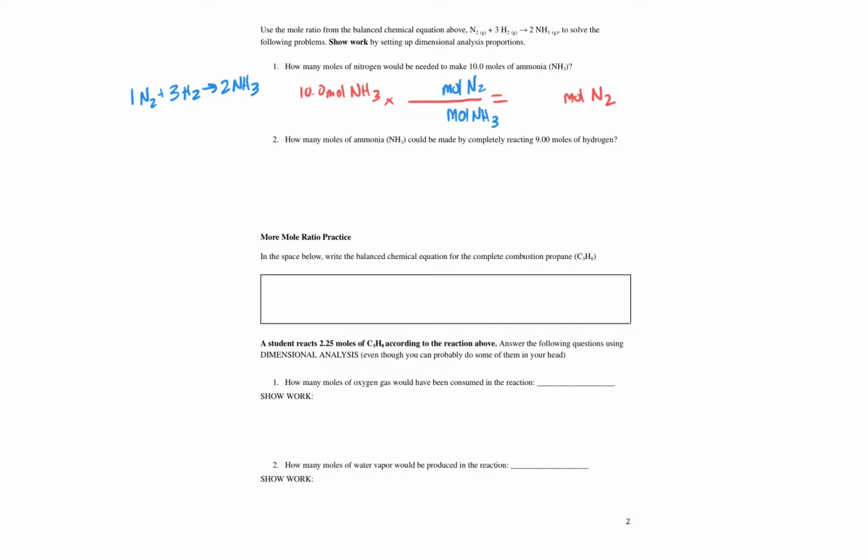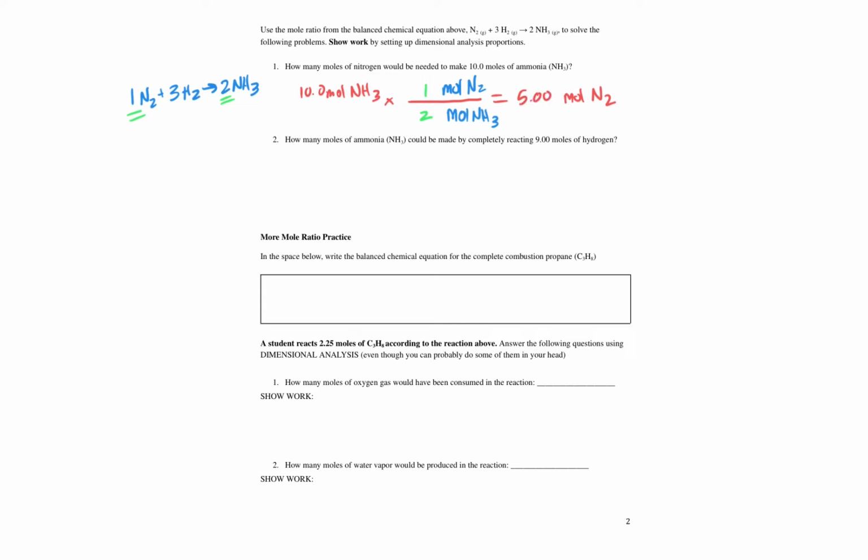And we can see from the balanced chemical equation that it's 2 moles of NH3 for every 1 mole of N2. So that's what fills into our conversion ratio. Our mole ratio allows us to convert between moles of NH3 product and moles of the N2 reactant. And now we can calculate our final answer to be 5 moles of N2 consumed in the reaction.